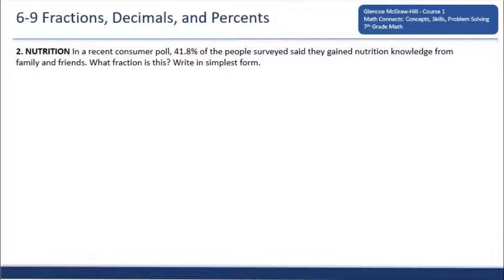So it's 41 and 8/10. So we're going to write that as 41 and 8/10%. And we're going to write it as a fraction, 41 and 8/10 over 100. And then we'll rewrite it as 41 and 8/10 divided by 100, which is really the same thing as the fraction, right?